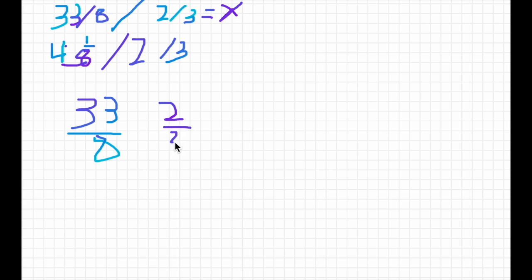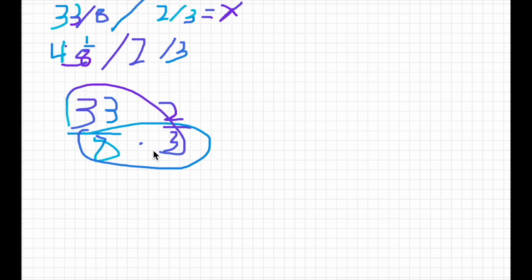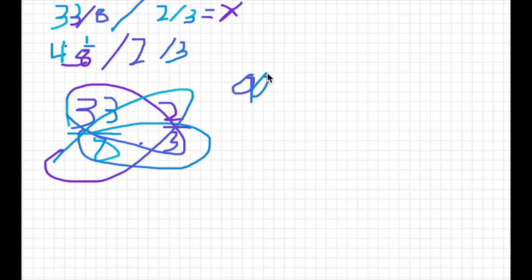Now to make these have the same denominator, you just have to multiply the 2 denominators together, and then multiply the tops of each side, the numerators, by the denominators. So this then becomes 99 over 24, because 8 times 3 is 24, 3 times 33 is 99.